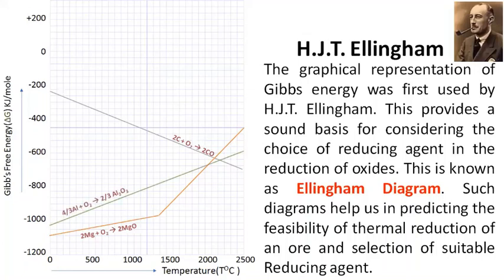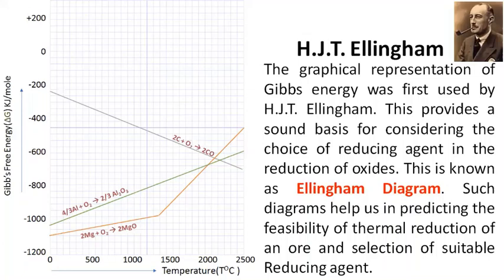Now on the screen you can see the formation of aluminum oxide, Al2O3. When aluminum reacts with oxygen naturally, it produces aluminum oxide, otherwise called alumina. It is also a straight line.